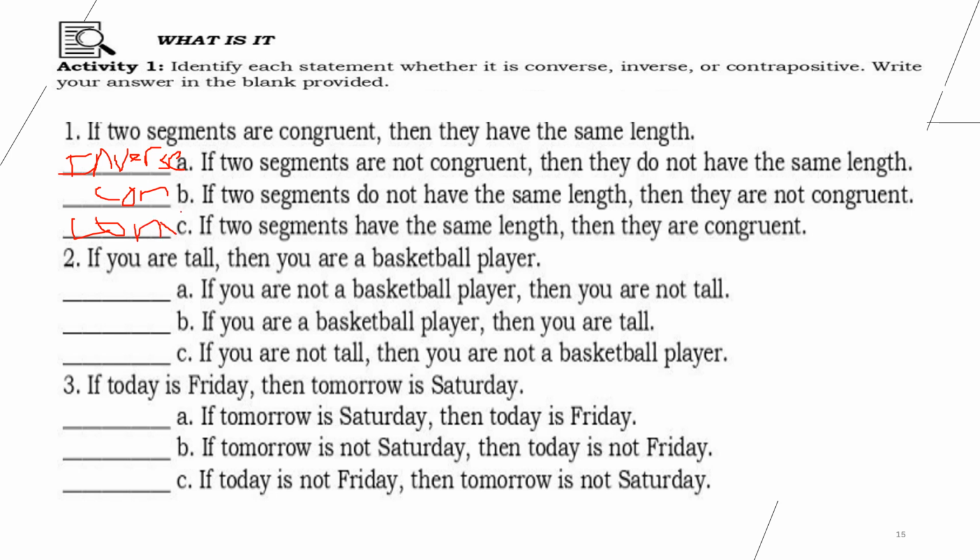Okay. If you are tall, then you are a basketball player. For letter B, if you are not a basketball player, then you are not tall. So I think this one is contrapositive.